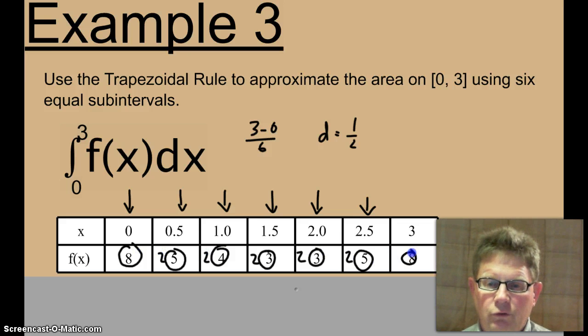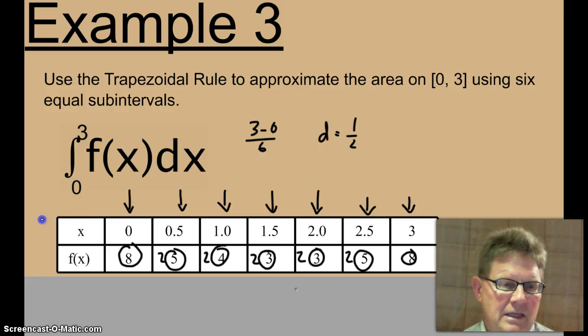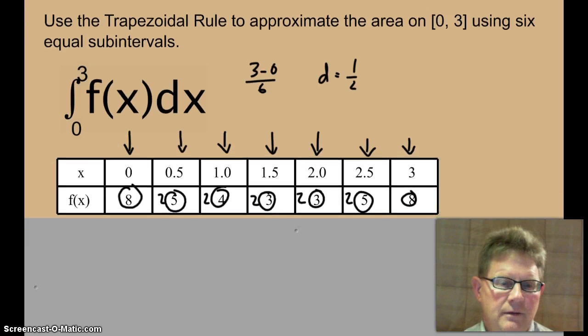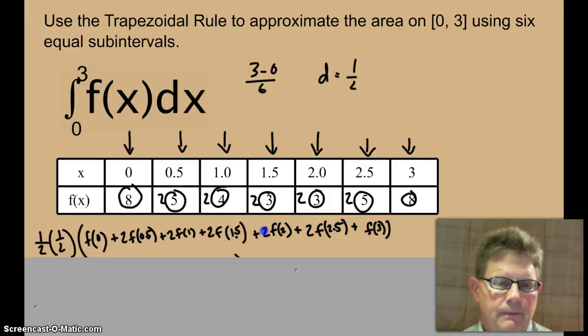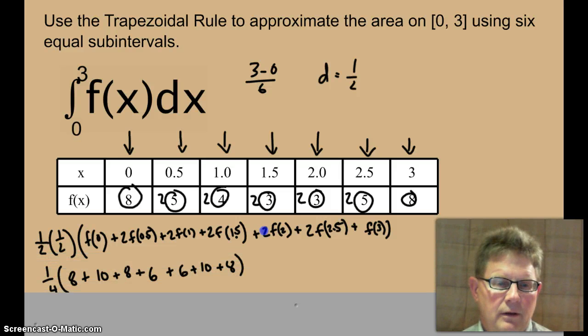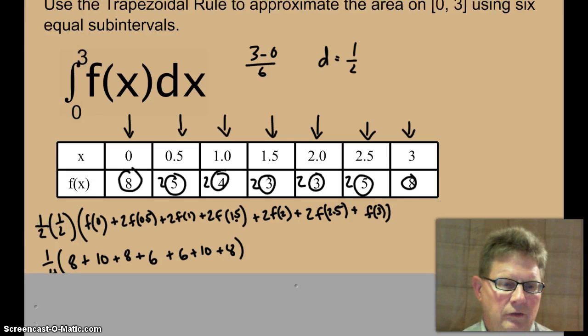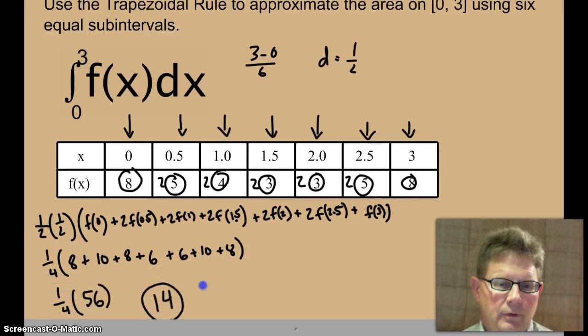And this last one we will use just once, because those are the ones on the end. And that's what I have written down there. So our approximation is 14.